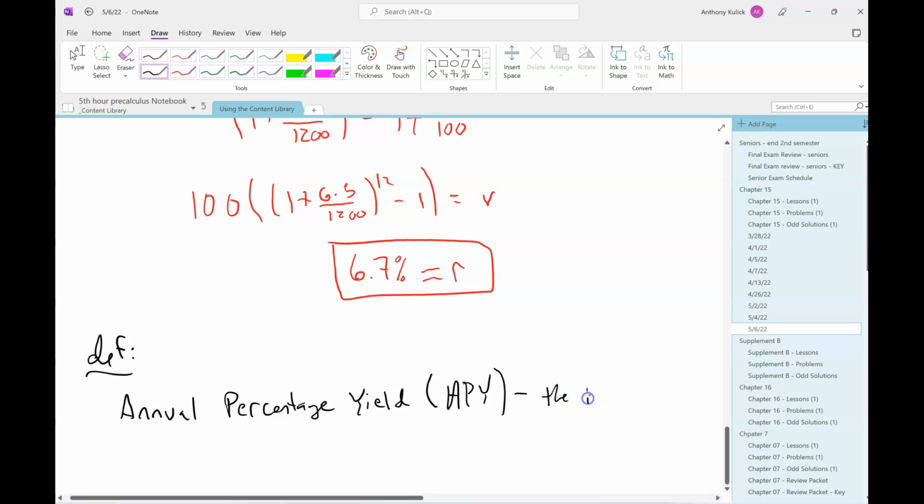This is the interest rate for an account if it were compounded annually.